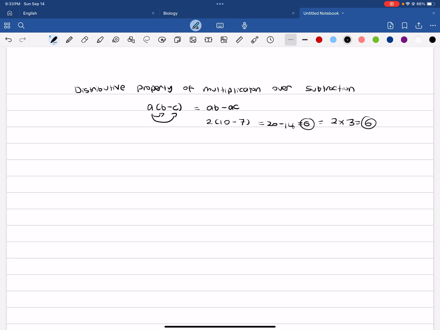And this can also be over addition, but it just changes like that. And yeah, that's pretty much it, guys. We can also do like A(B plus C) equals AB plus AC. Is there any case that this doesn't work? No. It works all the time.